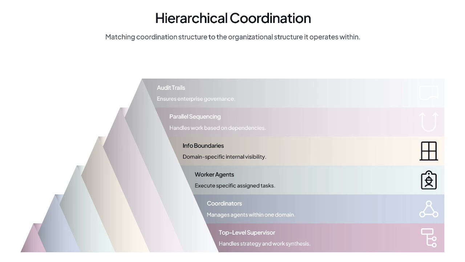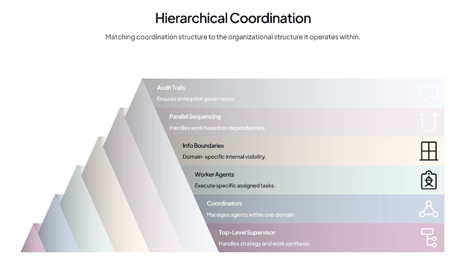This allows the system to be governed, responsible, reliable, and have separation of concerns in design. So here you have audit trails, which ensure enterprise governance. You have parallel sequence, which ensures that workflow and agents handle work based on dependencies.